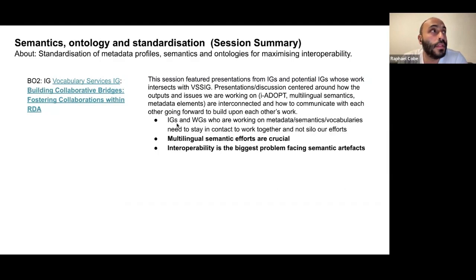The main takeaway that they outlined was that multilingual semantic effort is very important, and of course, that interoperability is the biggest problem facing semantic artifacts. So having multilingual semantic objects would help with interoperability, especially if we are dealing with artifacts that come from communities built around a language other than English.